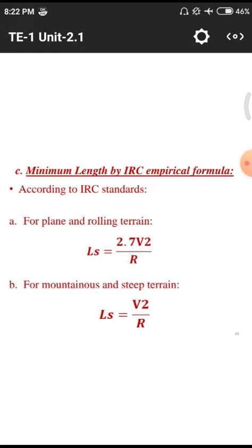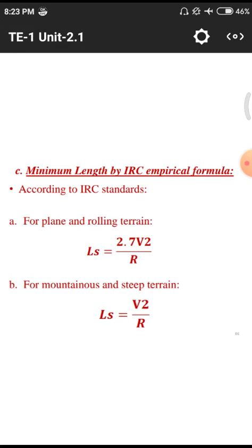In case of plain terrains, that means smooth surfaces, whenever the road has a smooth surface without any irregularities, that comes under rolling terrain or plain terrain. If the road is situated in mountainous terrain, that means some ups and downs are there in the particular site, those come under mountainous and steep terrains. In those two conditions we have the transition length as V square by R.